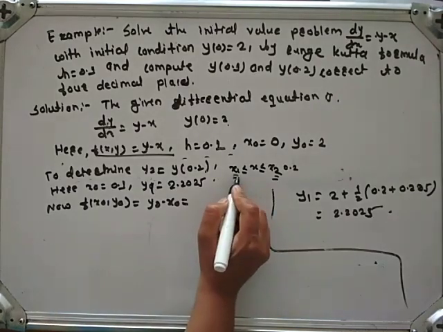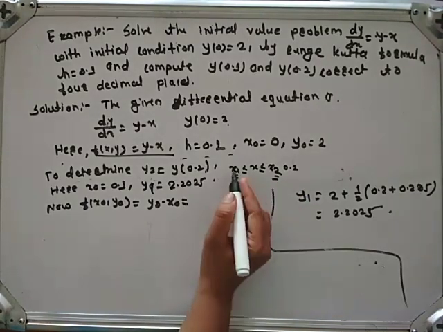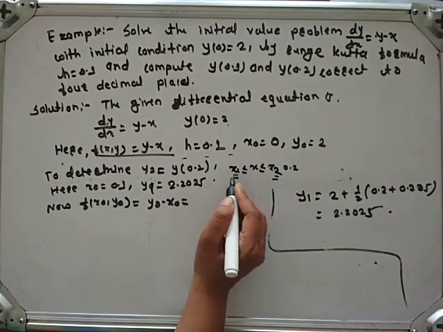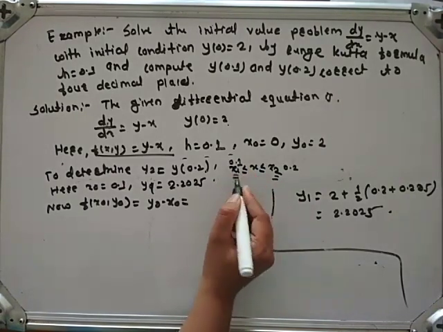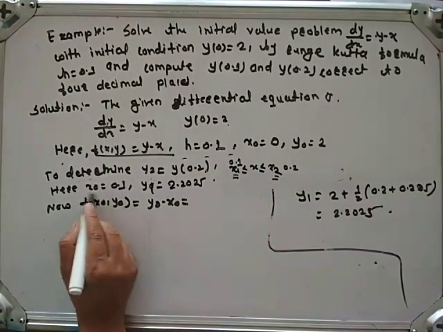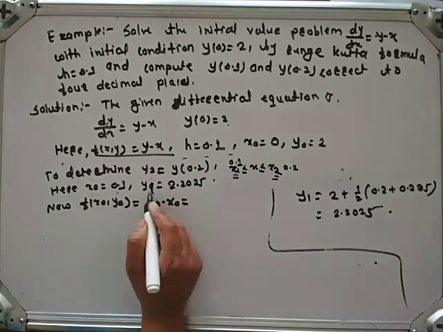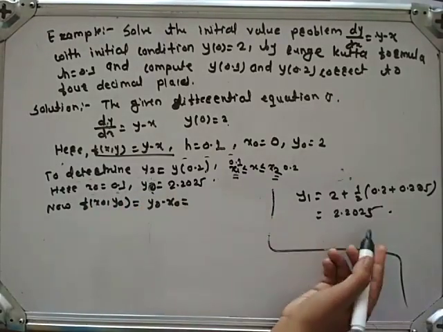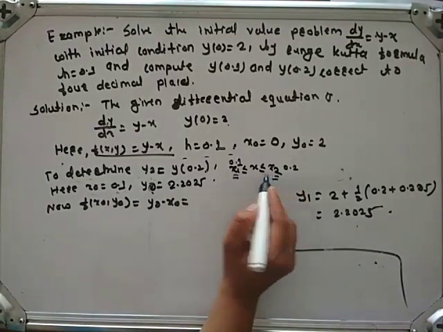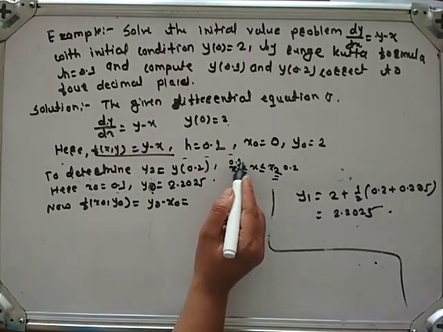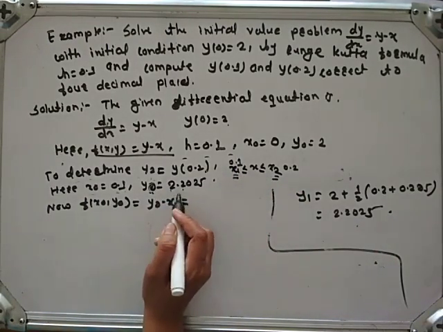In this interval, our x0 is 0.1 and y0 is y of 0.1, so y0 is equal to 2.2025.